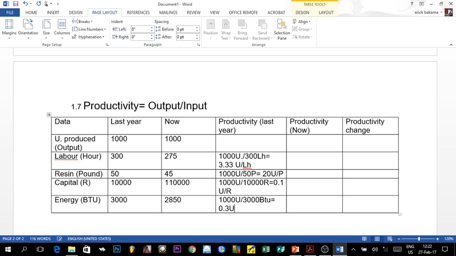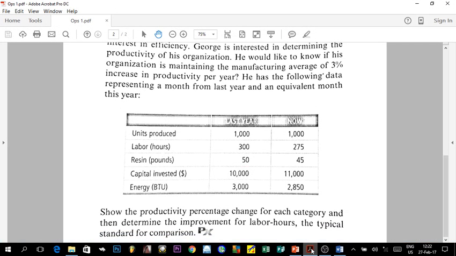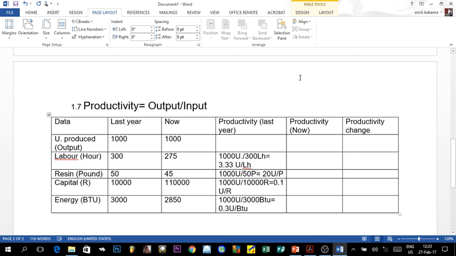units per BTU. And then we need to check the question. The question is still saying that we need to show the productivity percentage change for each category, and then we determine the improvement of the labor hour. So what we do next now is we calculate the productivity for now.